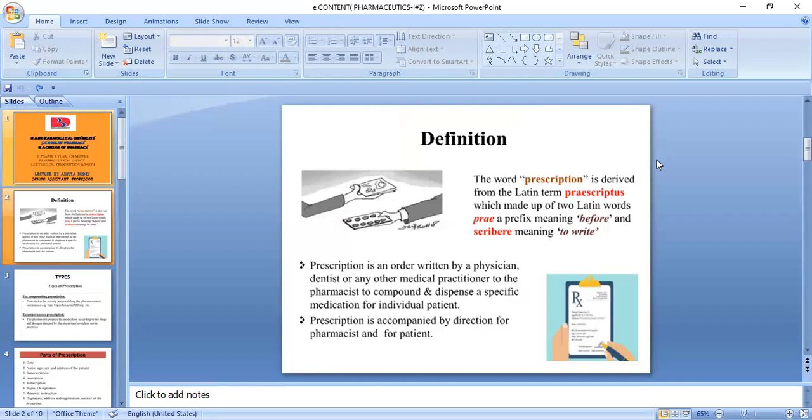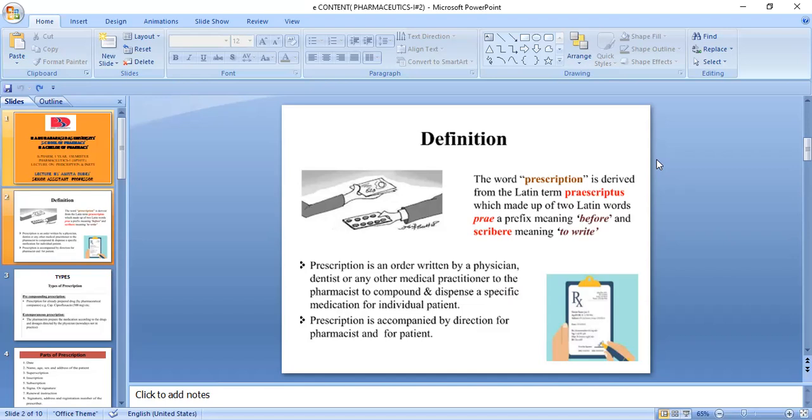First of all, I will explain the definition of a prescription. I think everybody knows what a prescription is, and has heard somewhere that a prescription is given by the doctor. But what is the proper definition?